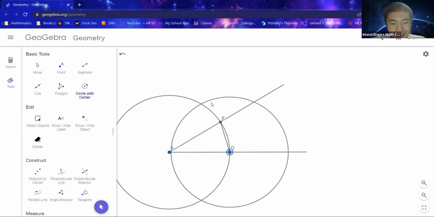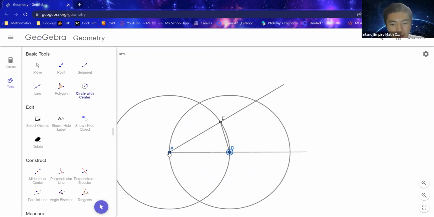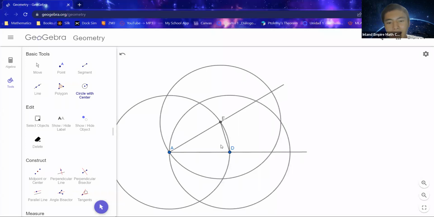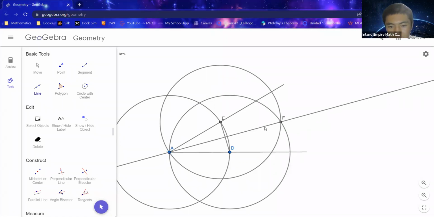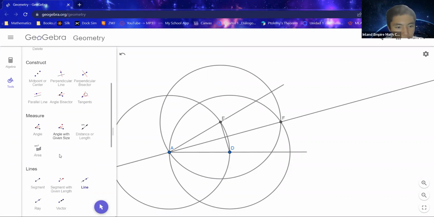So remember what we do is we draw two circles with a radius of EA or DA. And if you connect A and the other intersection point, you get the perpendicular bisector.